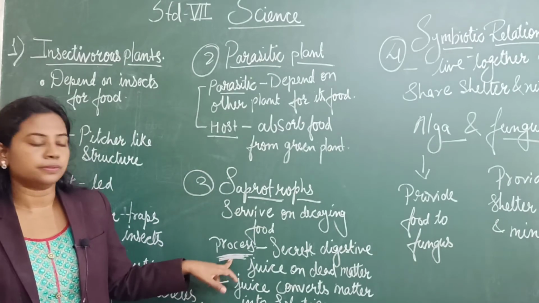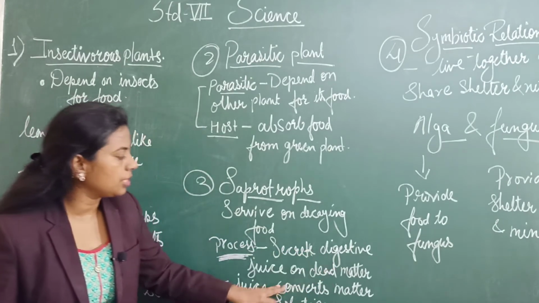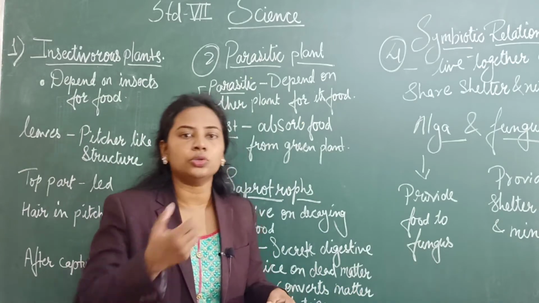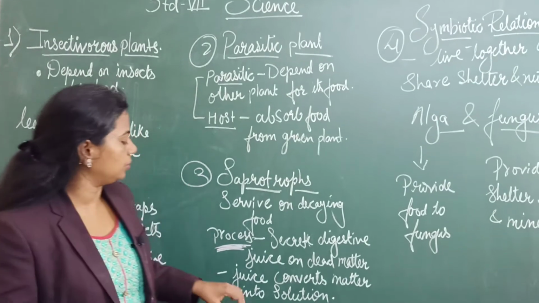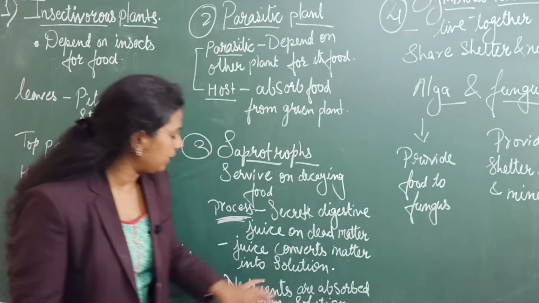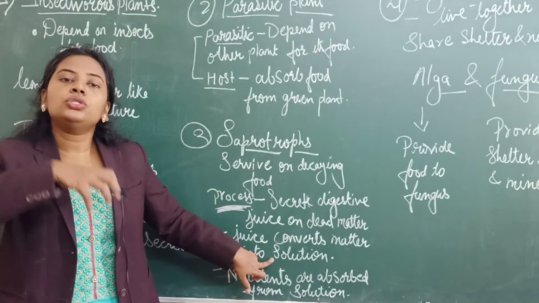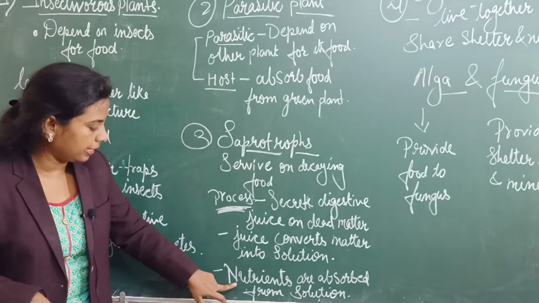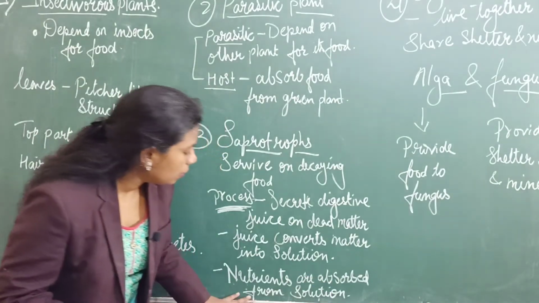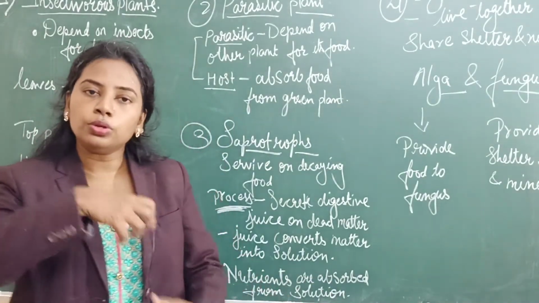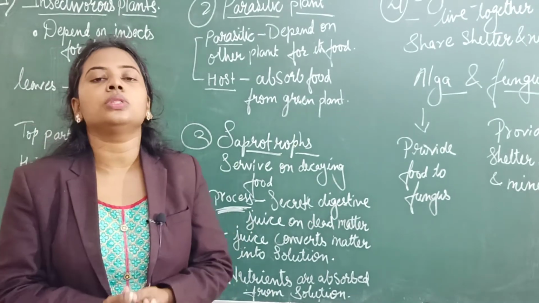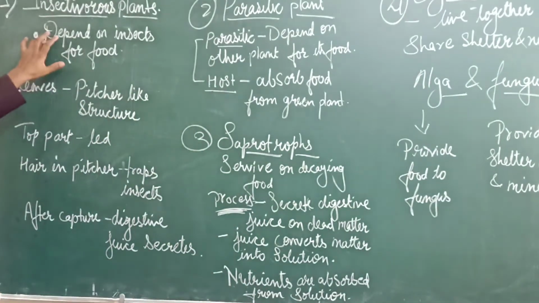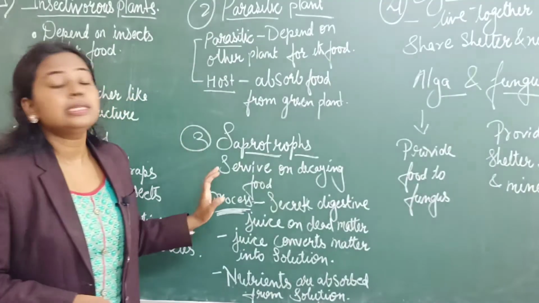Let's see its process. It secretes digestive juices on dead matter. Decomposers take the juice from that and grow from it. The juice converts the matter into a solution, they prepare their food, and nutrients are absorbed from the solution. Whatever nutrients they get, they absorb for their growth and food. So this is about insectivorous plants, parasitic plants and saprotrophs.